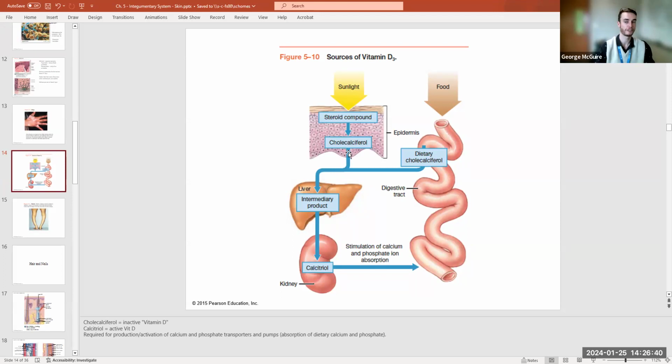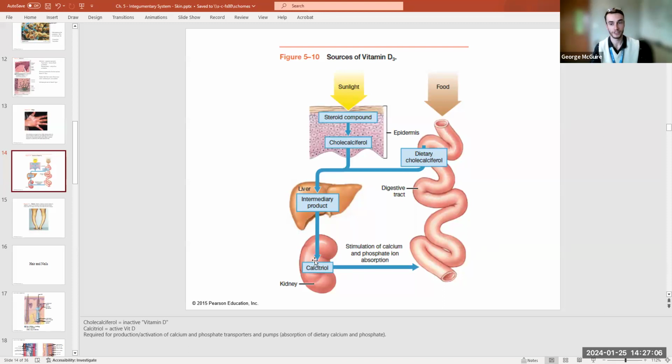That cholecalciferol then needs to travel to the liver, which will change it into a different chemical, and then from the liver to the kidneys, and the kidneys will activate that vitamin D as calcitriol. So the active form of vitamin D is calcitriol. And calcitriol is really important for our ability to absorb calcium and phosphate, or phosphorus, from our diets.